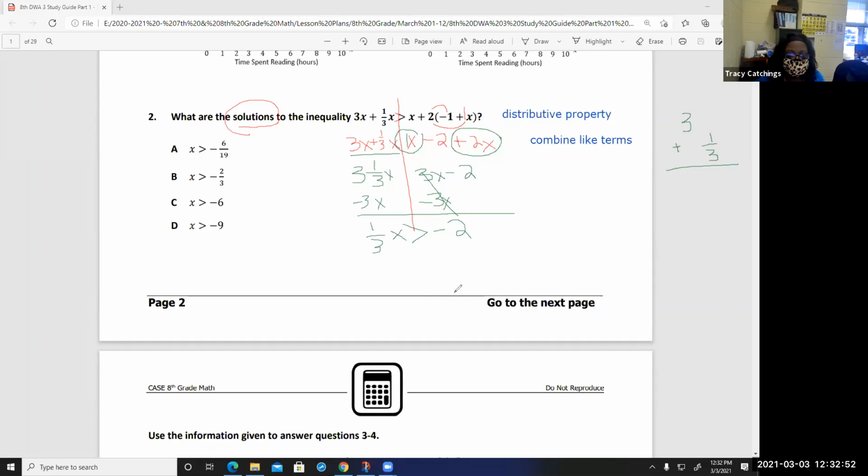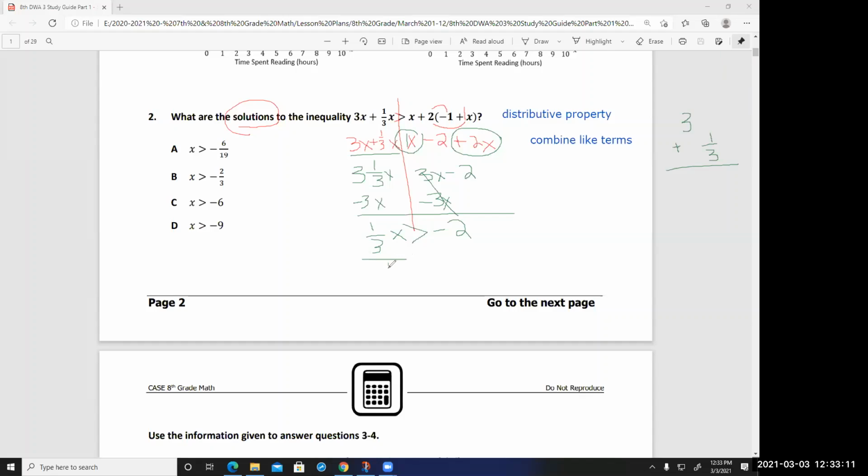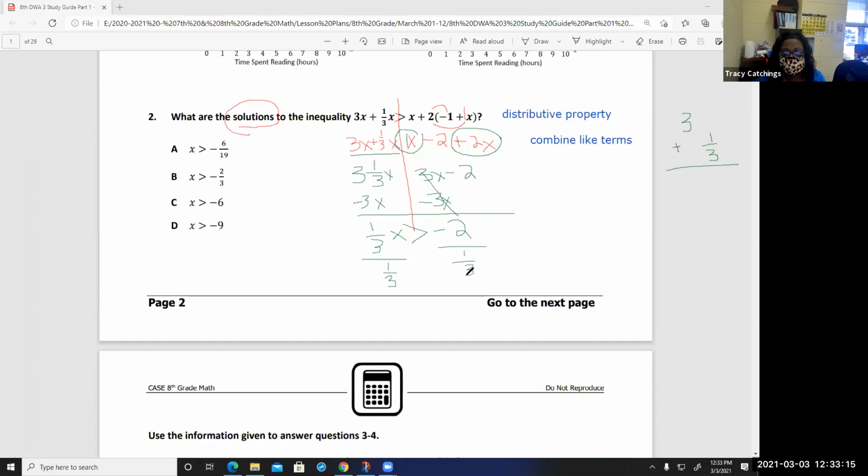Now what we doing? Got to get x by itself. What's happening over here with x? So if we multiply, we need to, what's the inverse? Multiply. Divide. It's division. So now we're going to divide by 1/3.